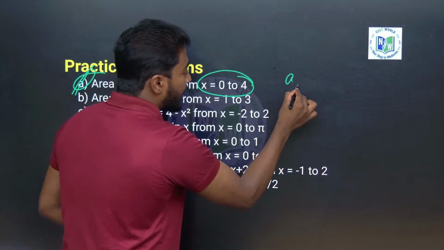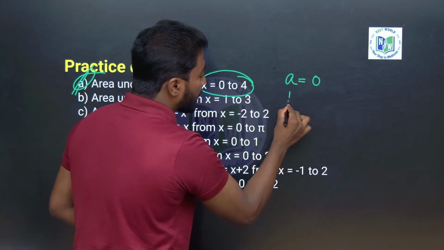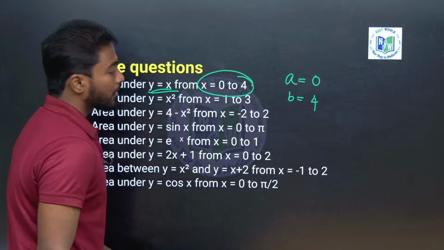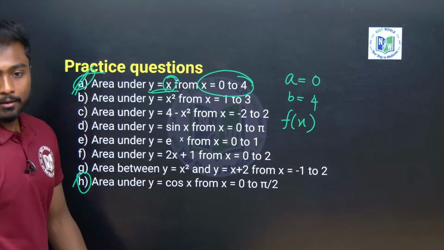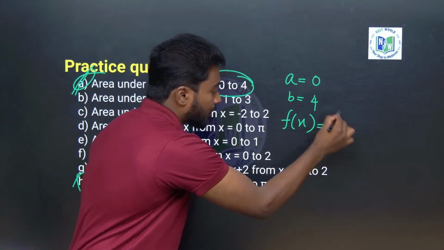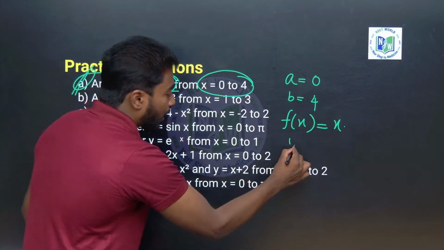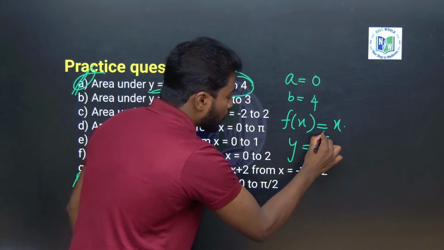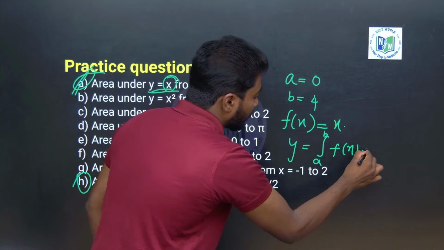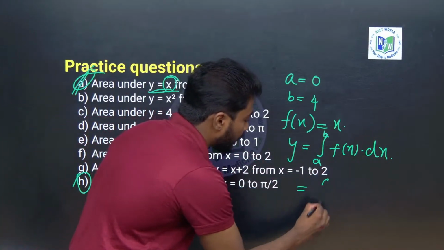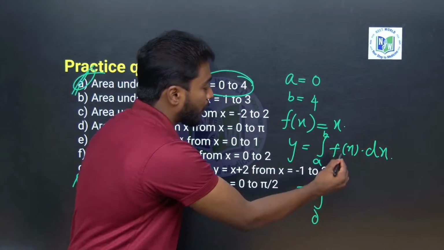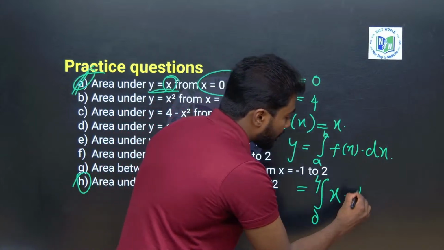Let me take a is equals to 0, b is equals to 4, and the function f of x is x. So given that y is equals to integral of a to b f of x with respect to dx equals integral 0 to 4, f of x is nothing but x dx.